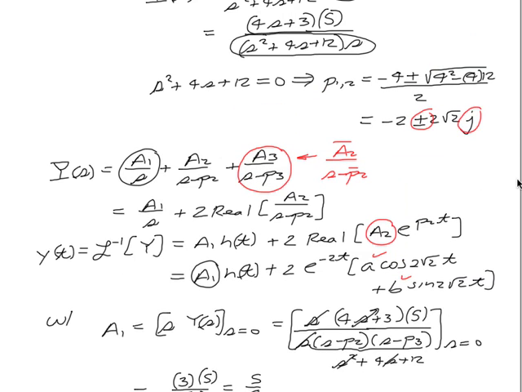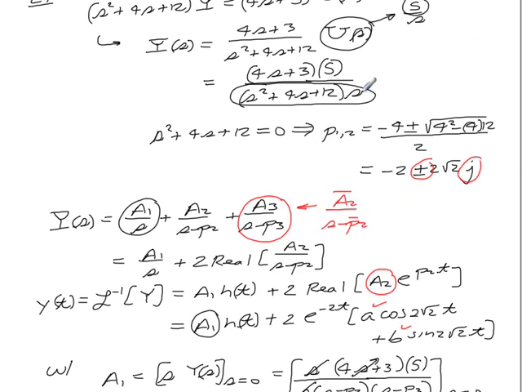And we verify that right here. If I take y of s times s, that s will cancel out, and we see that the poles therefore are here with a negative sign. So it's on this basis that the final value theorem applies.